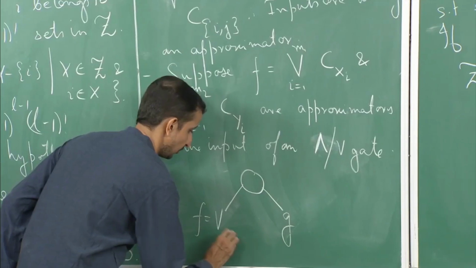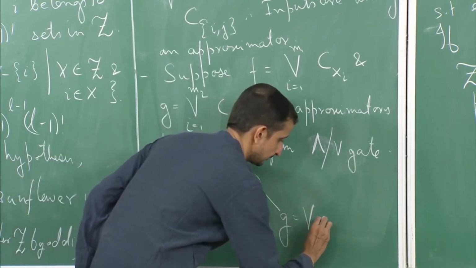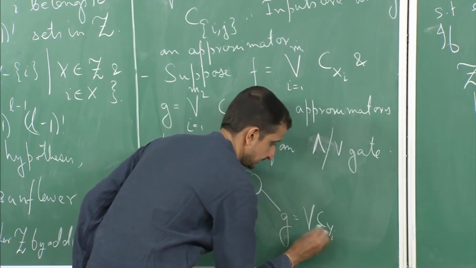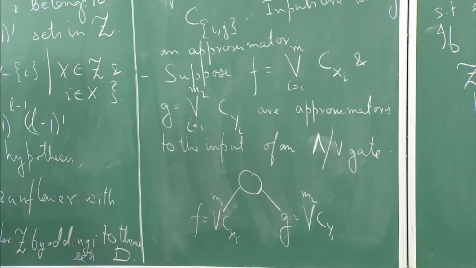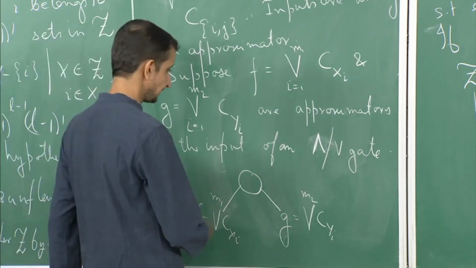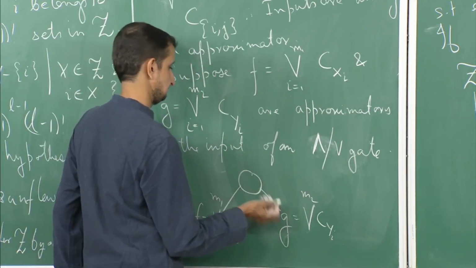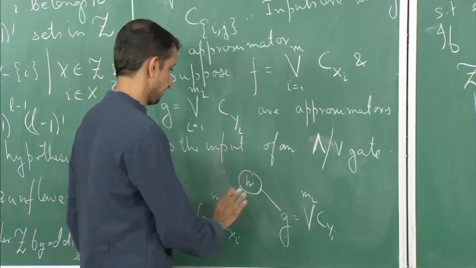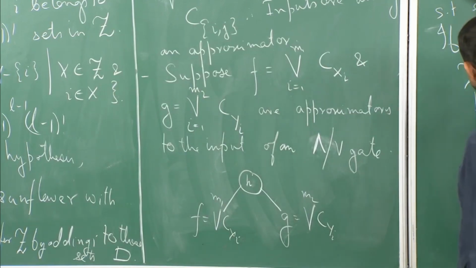Let's call this gate H, since I have used G already. Now we will look at both the cases, when H is an OR gate and when H is an AND gate.